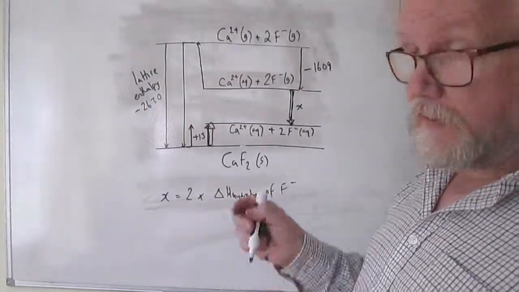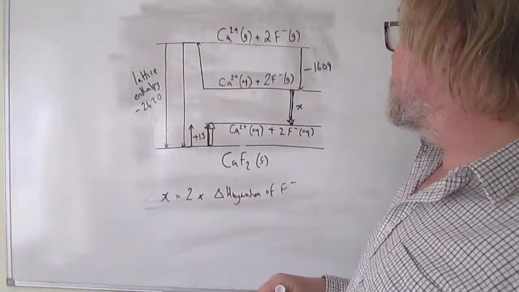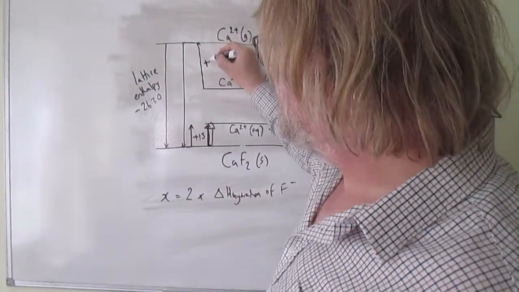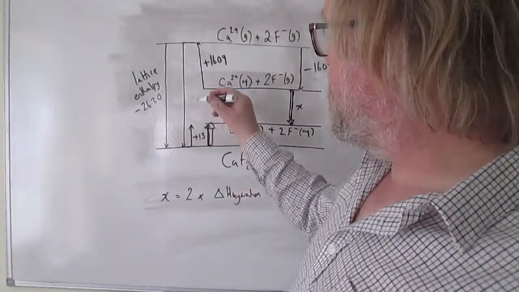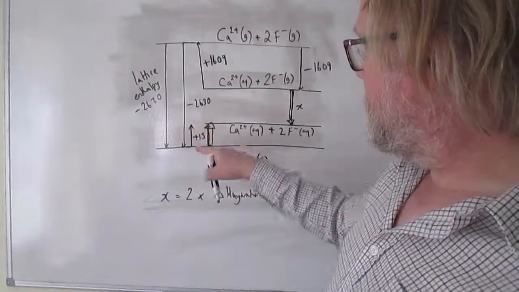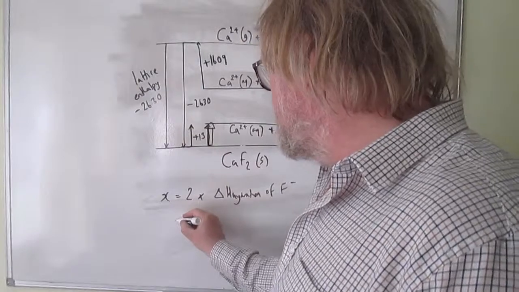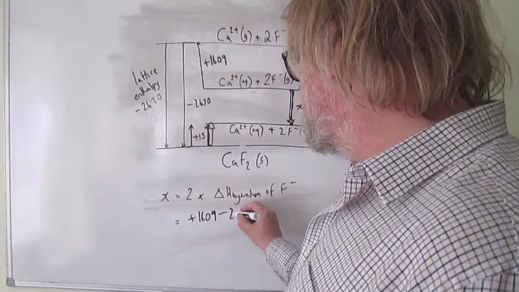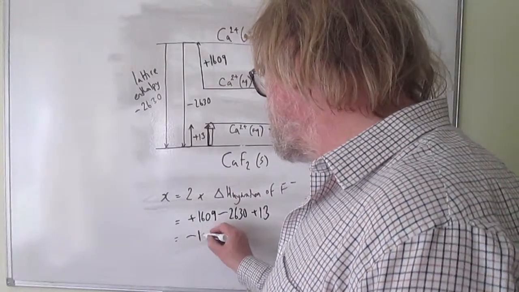And it's very easy on an enthalpy profile diagram, because if you're going up the page it's a positive number, if you're going down the page it's a negative number. So the first step, it's minus 1609 when you come down here, so it's plus 1609 when you're going up the page. This is the lattice enthalpy, so that's minus 2630. And then coming back up is plus 13. So we've got the numbers for each of the steps, and so we can say that X is equal to plus 1609 minus 2630 plus 13, which is minus 1008.